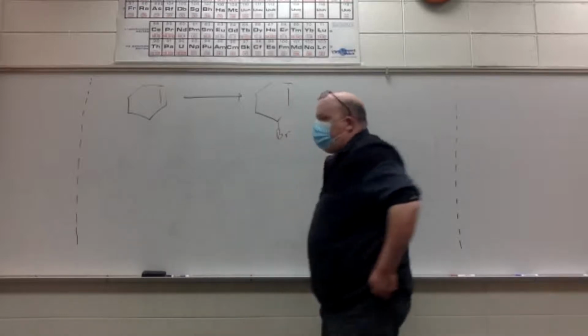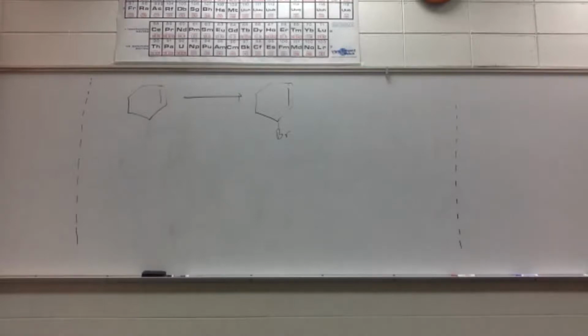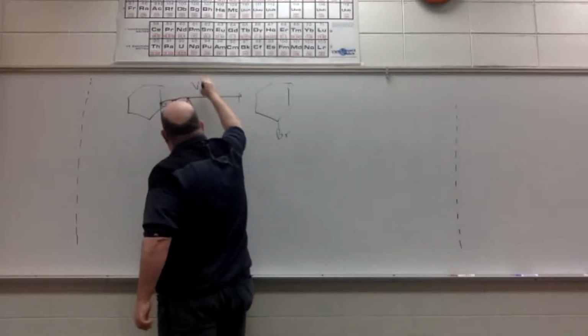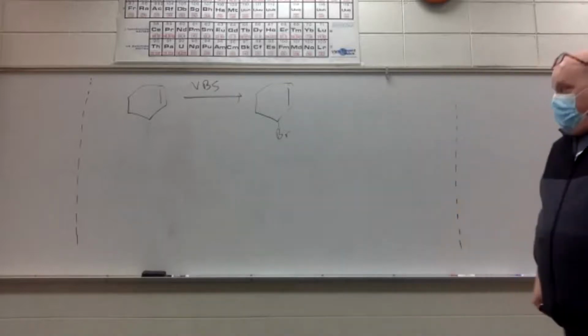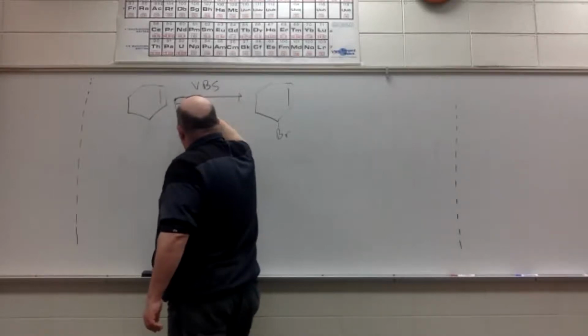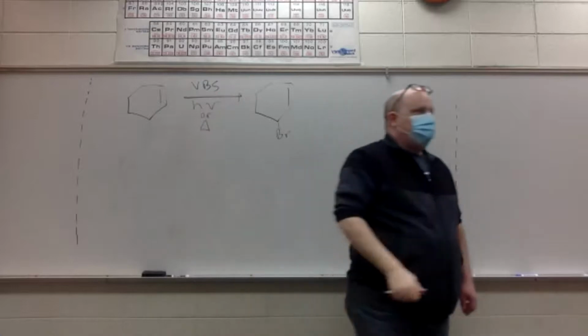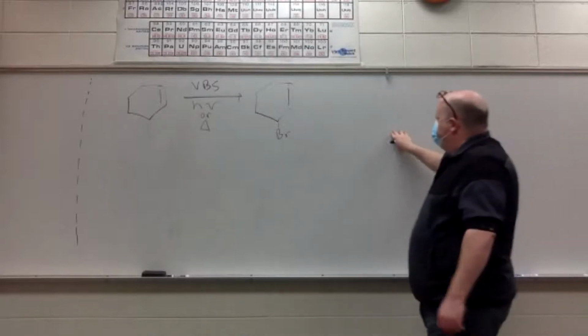However, there is a way around this. What we want to do is keep that double bond intact and still allow a radical process to go through at the allyl position. To do this, we're going to use a new reagent, NBS, in conjunction with an energy source of some sort, UV light or heat. Let me explain what NBS is.